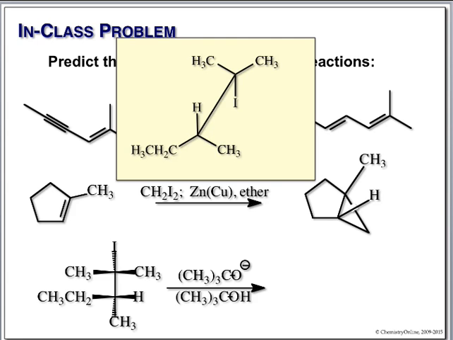Now, our hydrogen and our iodine are in the same plane. Our base, our tert-butoxide, is going to come and remove this hydrogen. The electrons will flow in to form the double bond, and the iodine will grab its pair of electrons and go. When we do that, we wind up with this alkene.